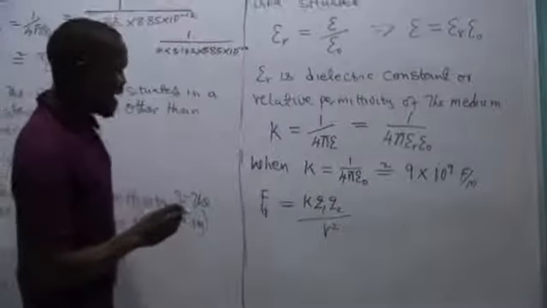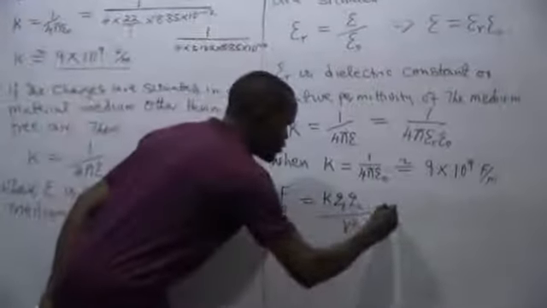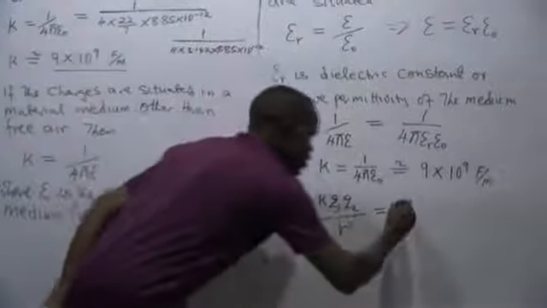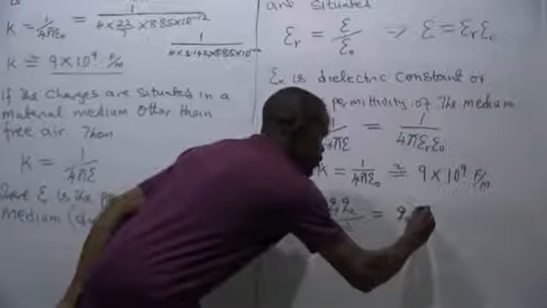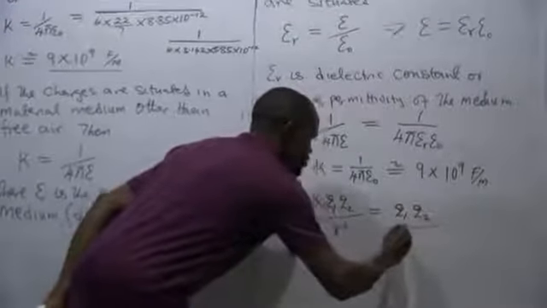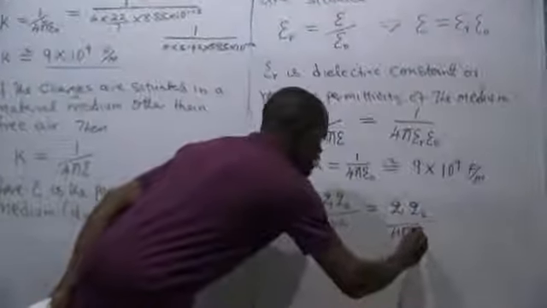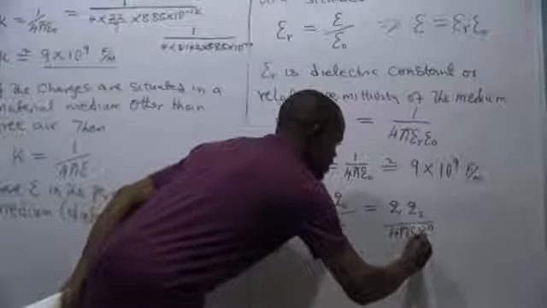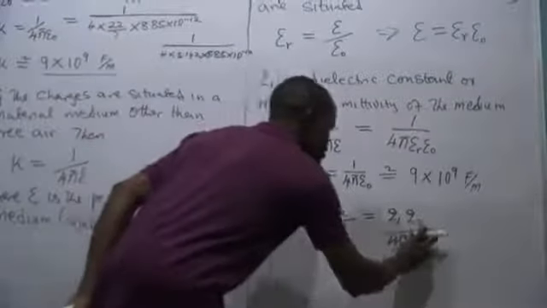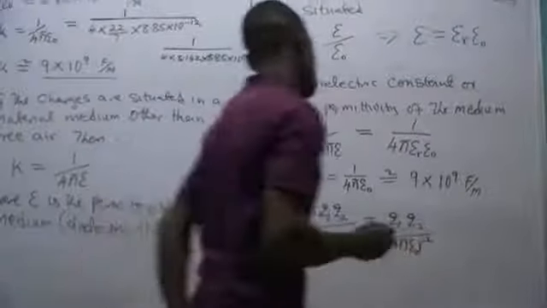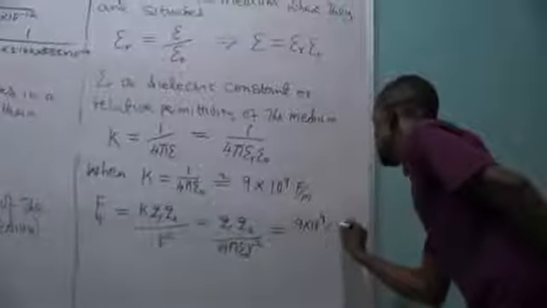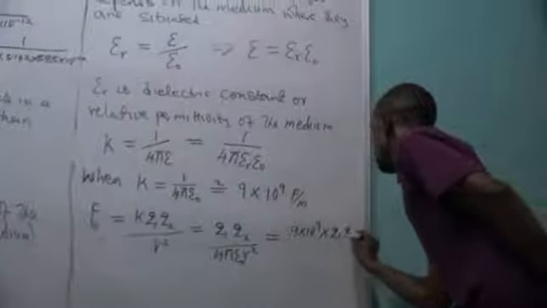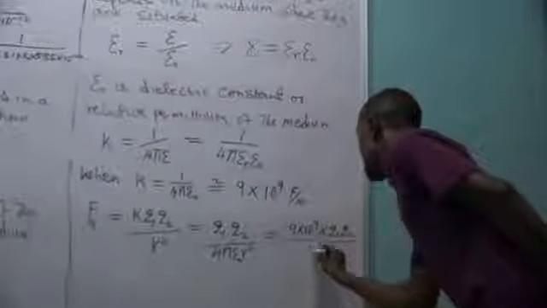Then I can say that this is equal to Q1 Q2 all over 4 pi epsilon O R squared, and this is the same thing as 9 times 10 raised to power 9 times Q1 Q2 all over R squared.